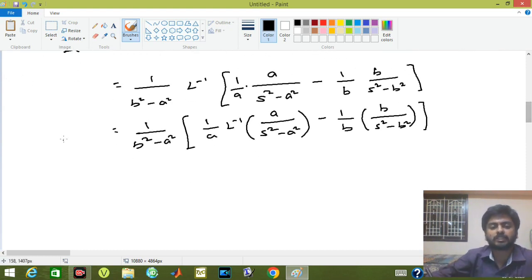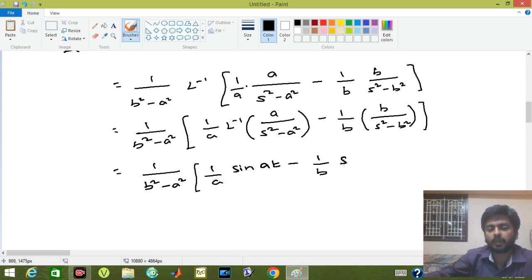Now the answer is very very simple. 1 divided by b square minus a square into 1 by a sin at minus 1 by b sin bt. So this is the solution for the first problem.